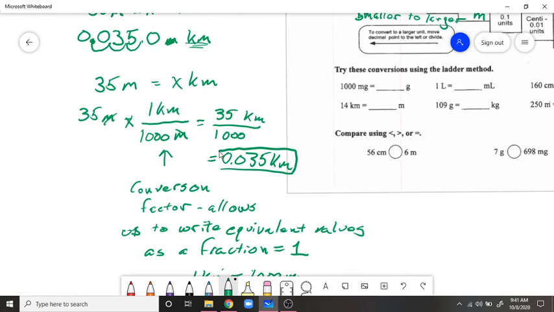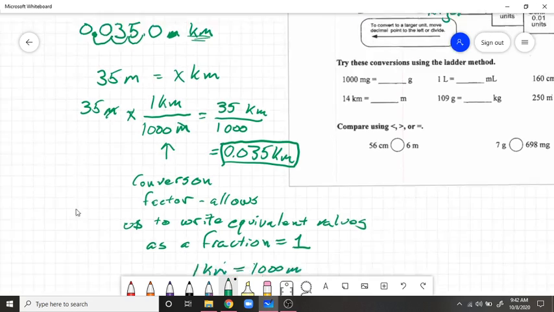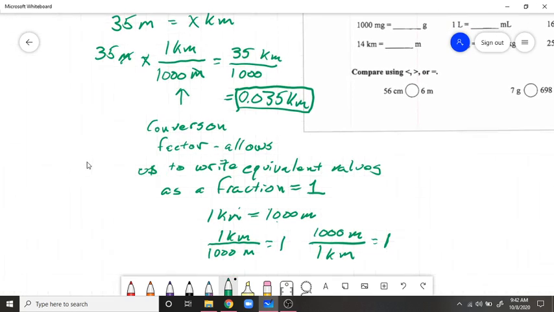So the conversion factor, this thing right here, allows us to switch from one unit to the next.